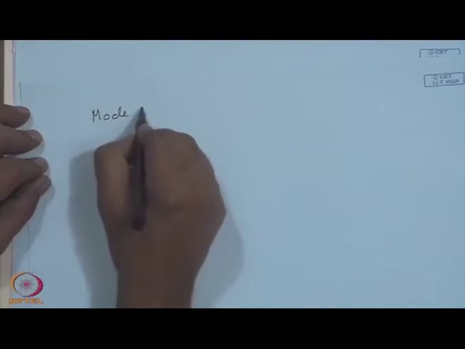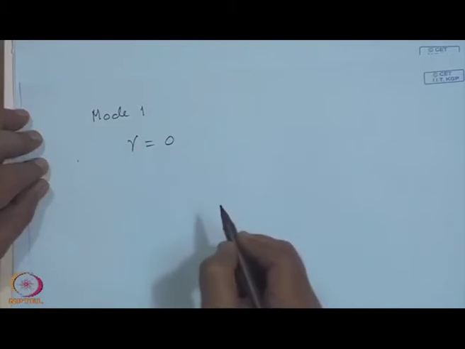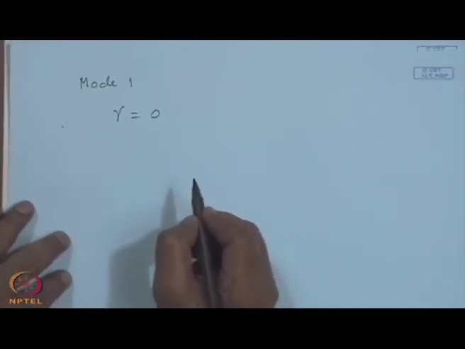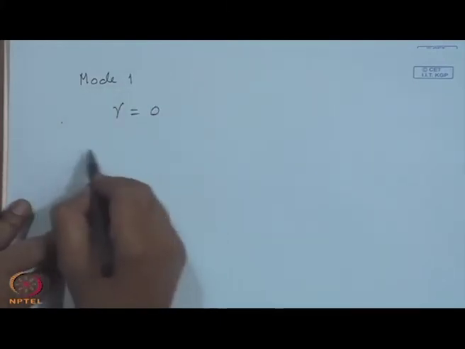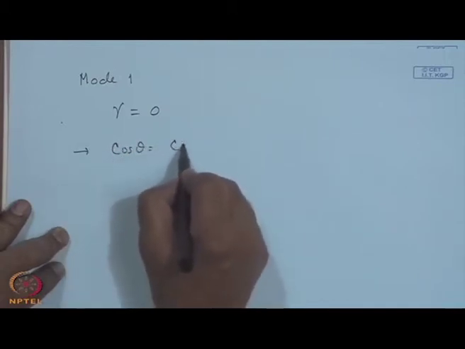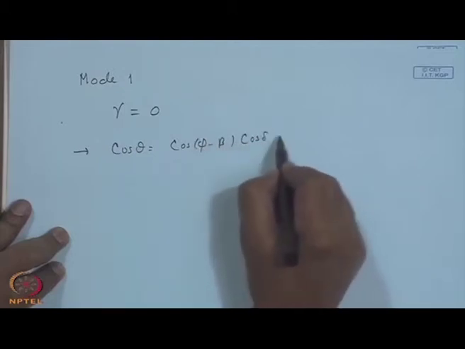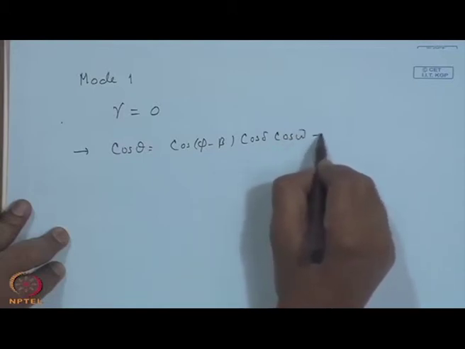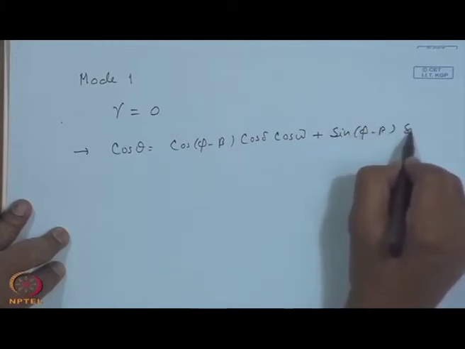So, if you take this arrangement, gamma is 0 because it is an east west axis. So, it is south facing. So, my gamma is equal to 0. Consequently, the cos theta expression is simple: cos(phi minus beta) cos delta cos omega plus sin(phi minus beta) sin delta.